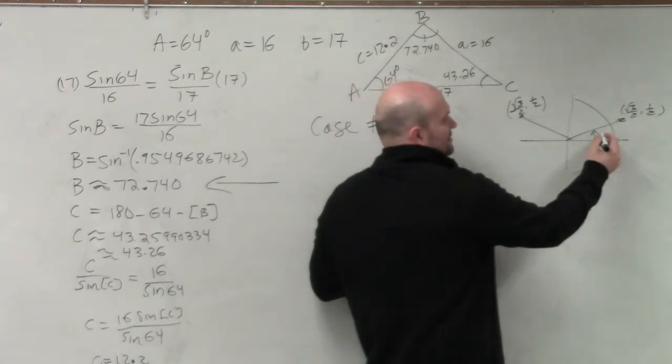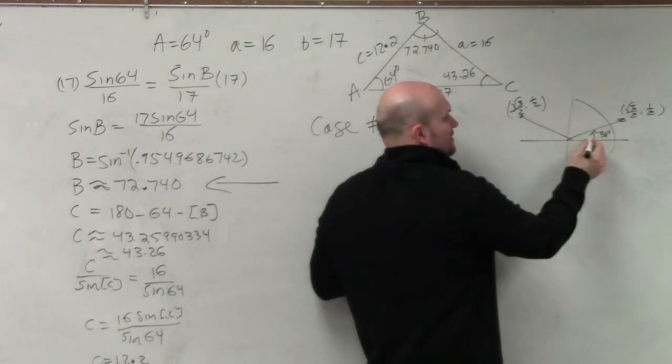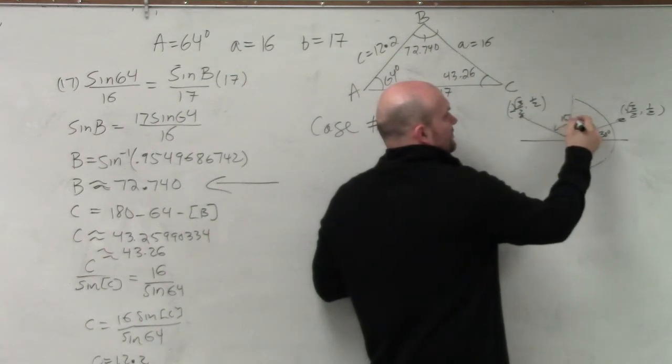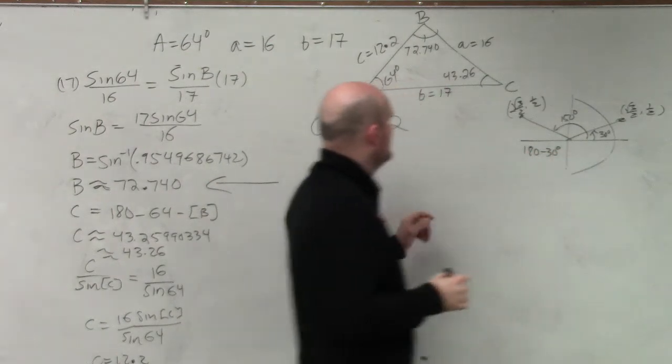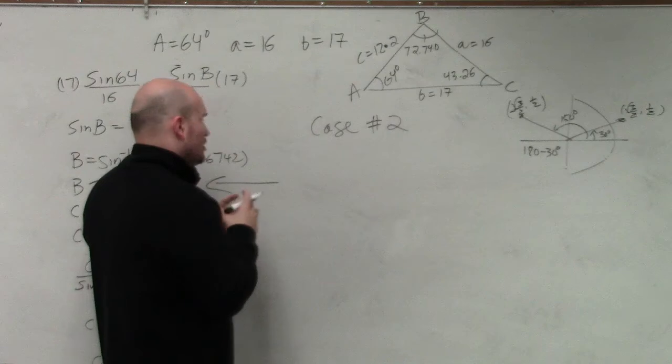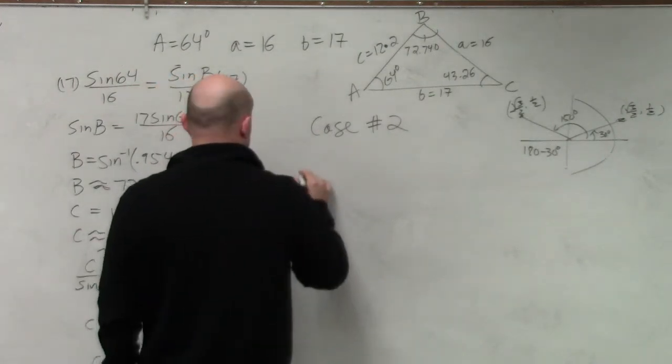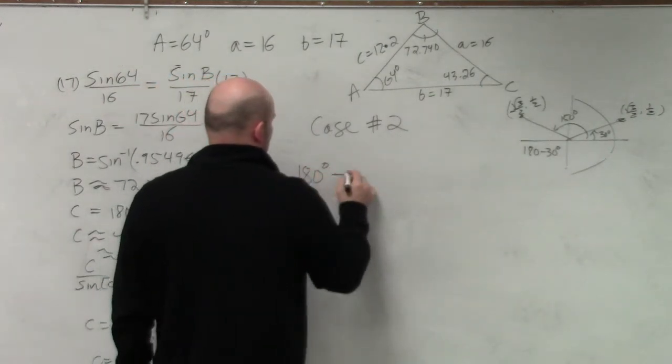To find those two angles, let's say that's 30 degrees, which it is. This angle is 150 degrees, or 180 minus 30. So to check our second case, all you need to do is do 180 degrees.